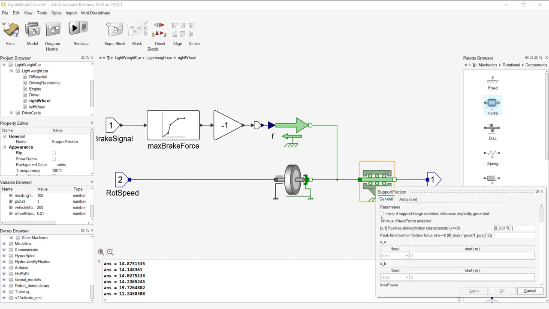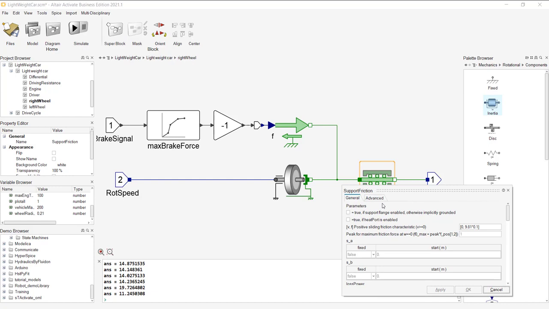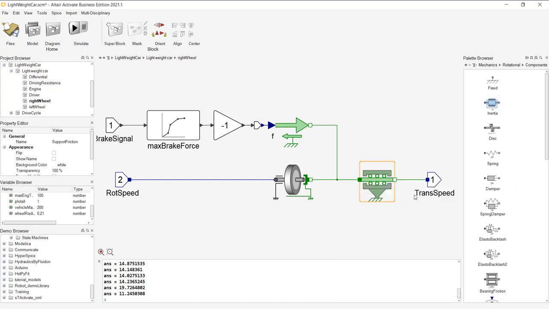So we have a block here which is support friction, which applies friction based on our parameters of friction, working as well against the wheels, against our driving force. So output from this wheel subsystem is our translational speed.